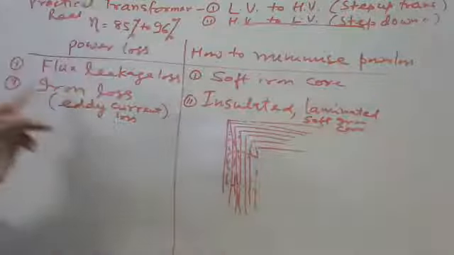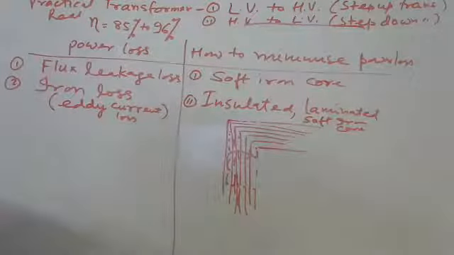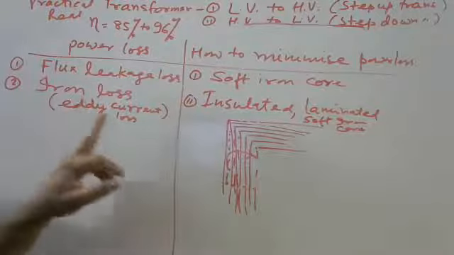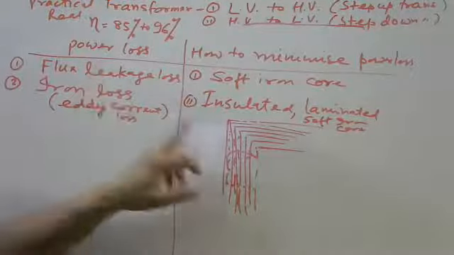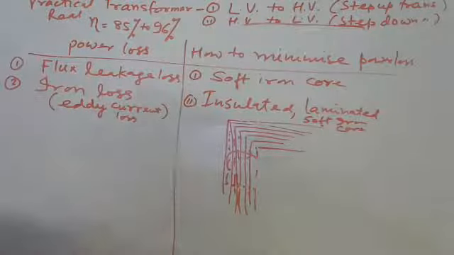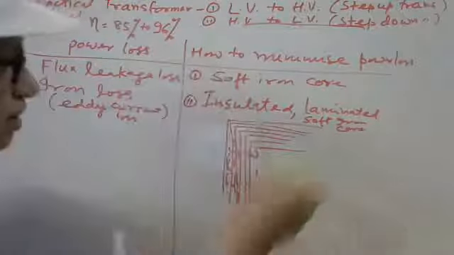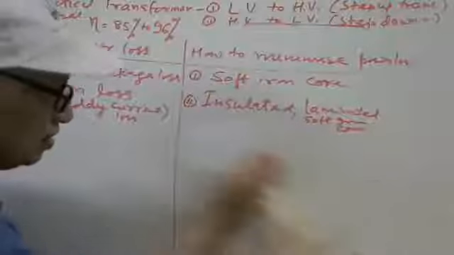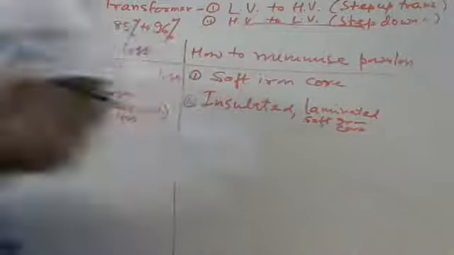So we have increased the flux linkage, and we have reduced the iron loss, eddy current loss, by using the insulated laminated soft iron core. Efficiency increased. Whatever loss is there, we have to find out the solution. That solution is this one.